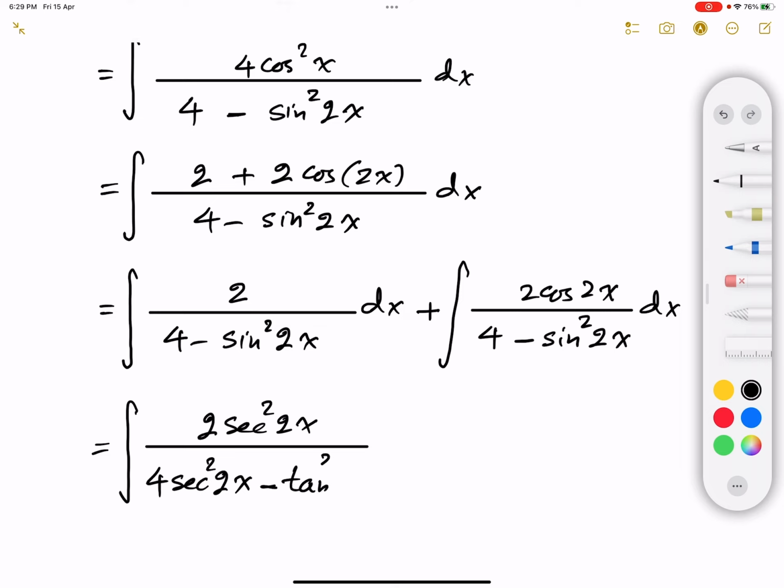So minus tangent squared of 2x, of course, dx. And the other integral, we can go ahead and solve it. By the way, for the second integral, we can benefit from the idea that the derivative of sine of twice x is in the numerator.